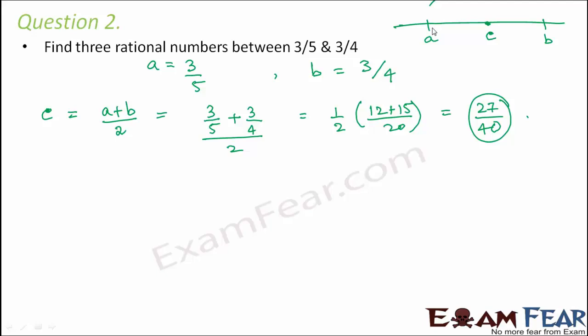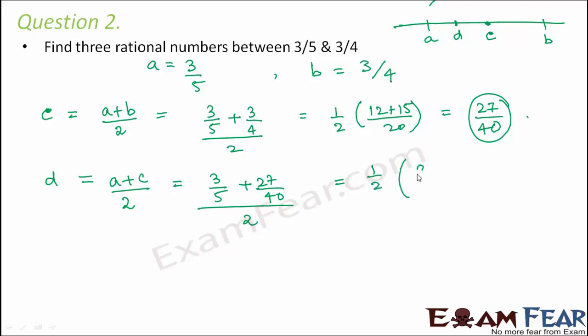Similarly, let's calculate the mean between C and A, that is this point, which is D. So D will be equal to (A plus C) divided by 2, that is (3 by 5 plus 27 by 40) divided by 2. So this value comes out to be 1 by 2 into (24 plus 27) divided by 40. So this comes out to be 51 by 80.